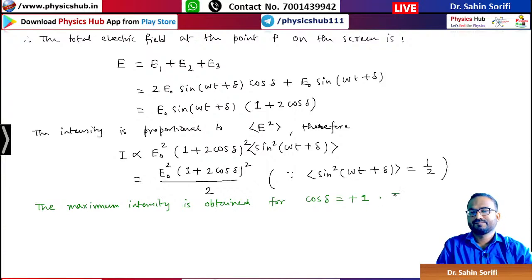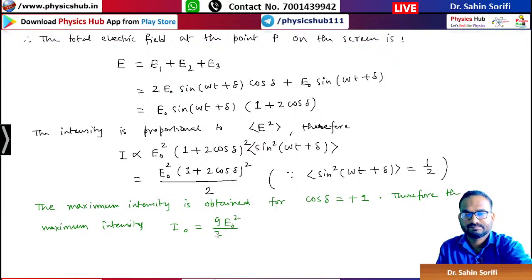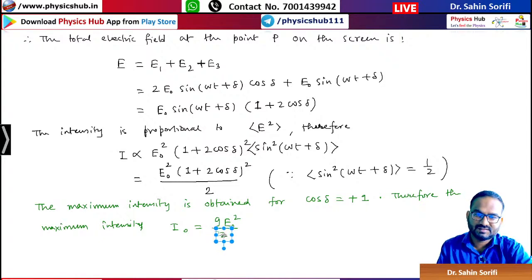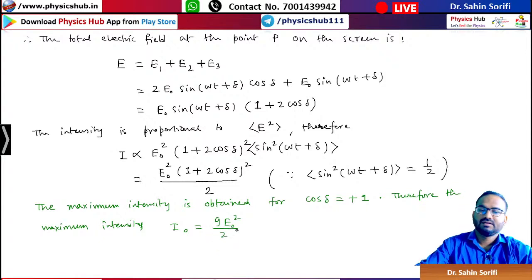Putting cos delta equal to 1, we get 1 plus 2, which is 3, and 3 square means 9, so 9 E naught square upon 2. This is the maximum intensity, which we denote by I naught.